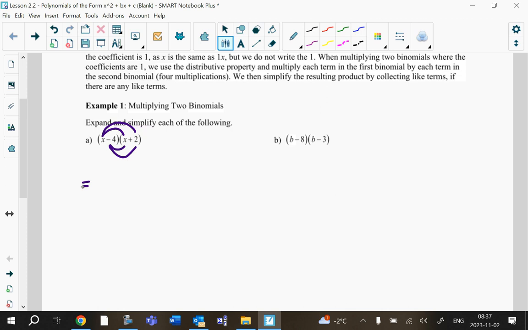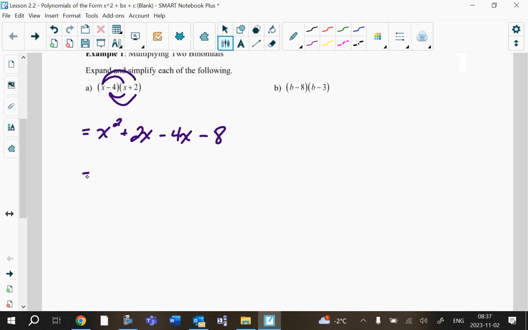So x times x is x squared. X times positive 2 is plus 2x. Minus 4 times x is minus 4x. And minus 4 times plus 2 is minus 8. And with all algebraic expressions, you should simplify as much as you can. I can combine these x's in the middle to make negative 2x.